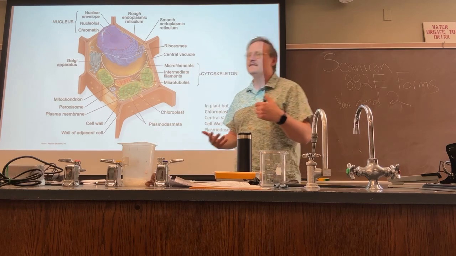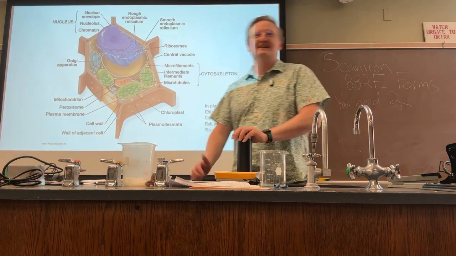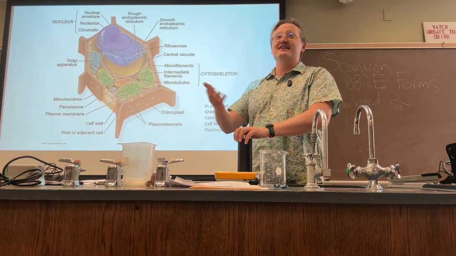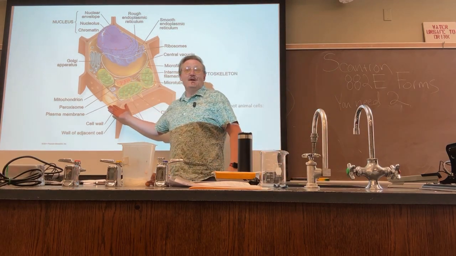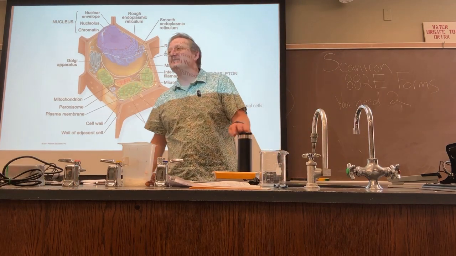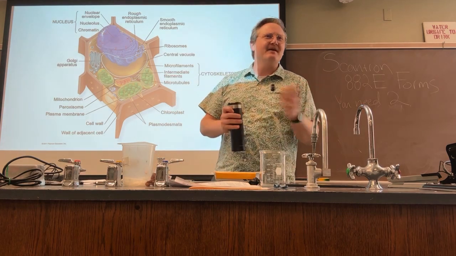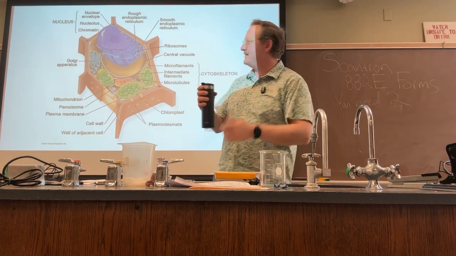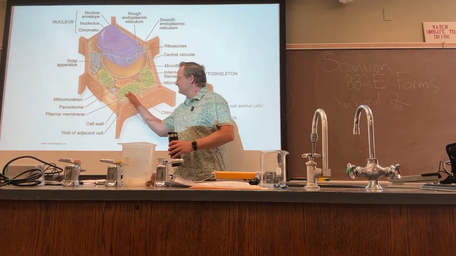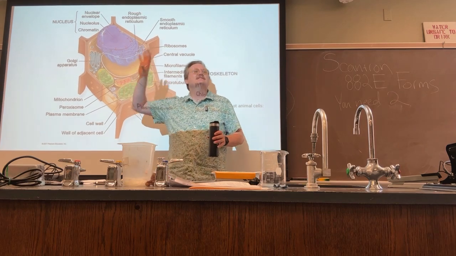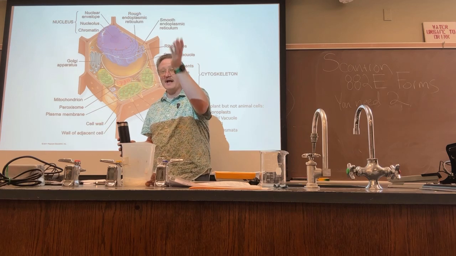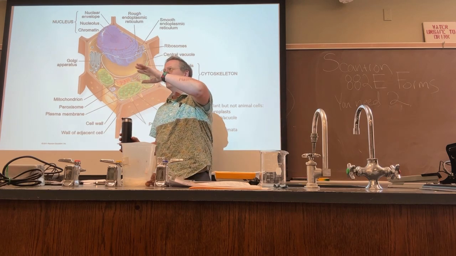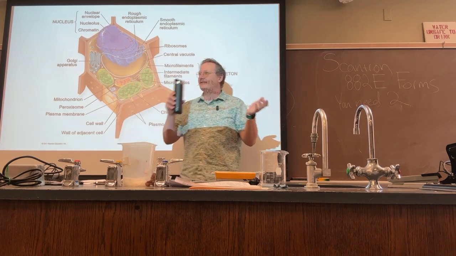If there's ever a terrible situation where I'm living in a box and you're in charge of that box, please put holes in that box, and please call them plasmodesmata. I would really appreciate that. All right? So these are channels that allow material to be exchanged from cell to cell, so you don't run out of stuff within the cell or generate too much waste and have no way to get rid of it.